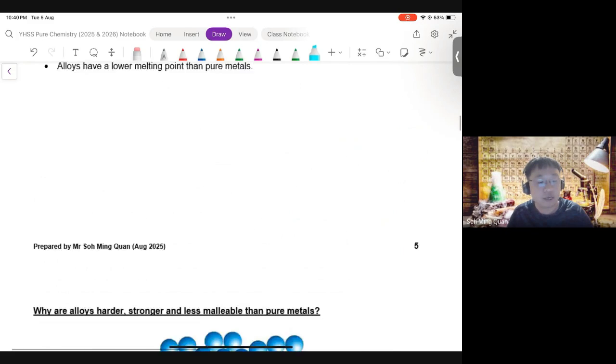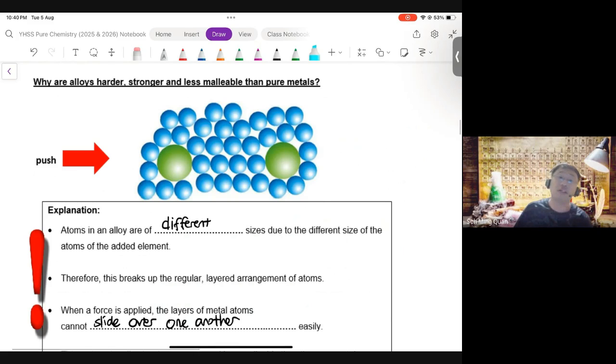All right. So, why are alloys stronger, harder, and less malleable than the pure metal? Now, you need to remember the three Ds. The atoms in an alloy are of different sizes, different sized atoms, because they have two or more different elements which are mixed together physically. So, you can already see in the diagram you have two different sizes of atoms.